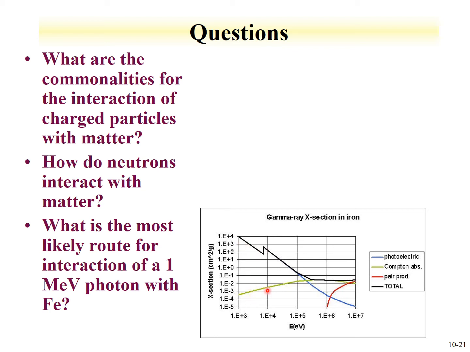As the energy increases, Compton starts to dominate, and then pair production begins when you have enough energy to make a positron-electron pair, so over 1 MeV. So we know instantly that at 1 MeV we're not going to see pair production. And if we look at where this occurs, the dominant process is Compton scattering for iron. This is again data for iron.